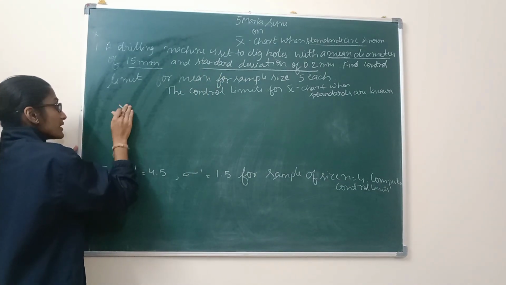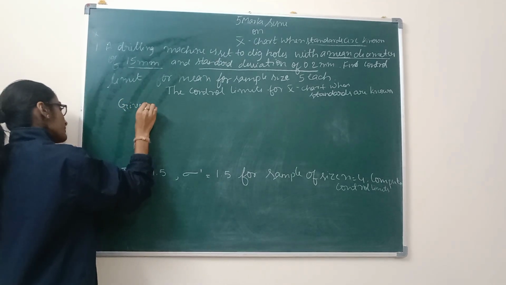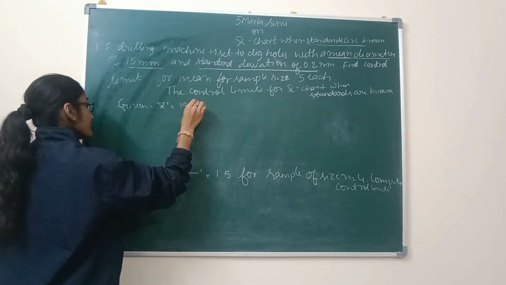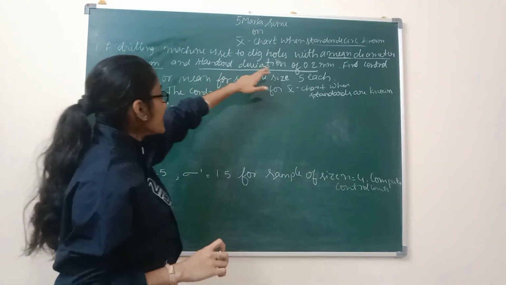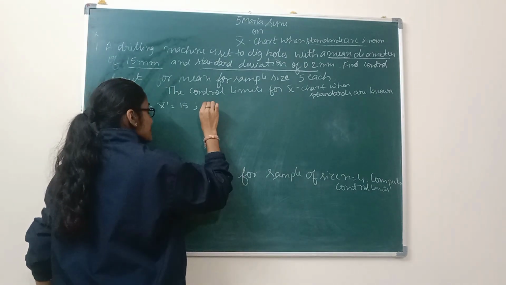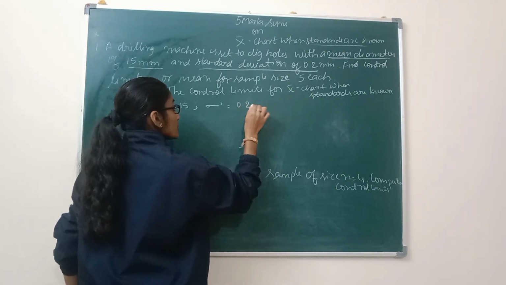First let us write the given: X bar dash is equal to 15. Next, the standard deviation of 0.2 mm, which we represent as sigma dash is equal to 0.2.